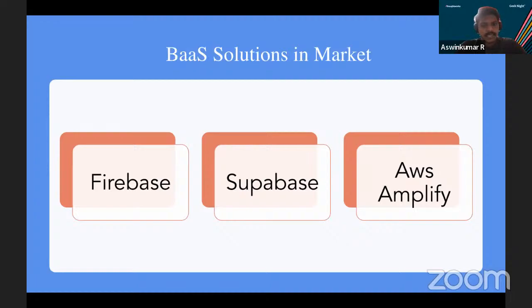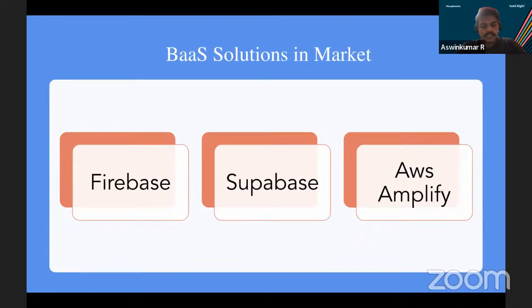So these three are backend as a service solutions: Firebase, Supabase, and AWS Amplify. Considering all three, they provide almost all the requirements that we have. Firebase provides almost all the functionalities that we require, and so does Supabase.